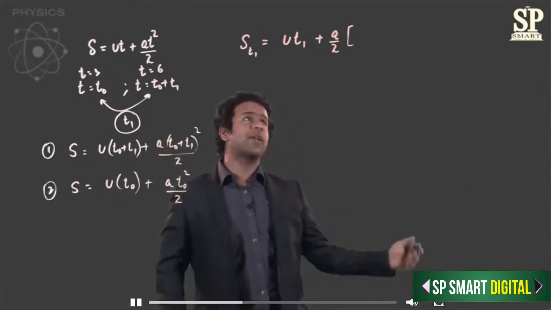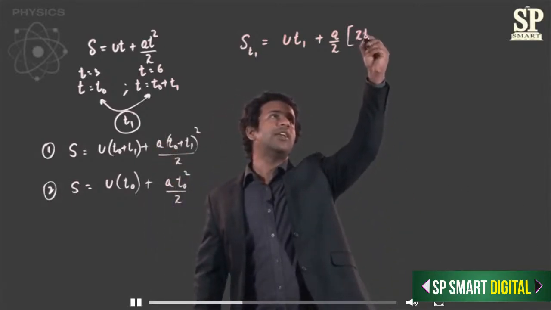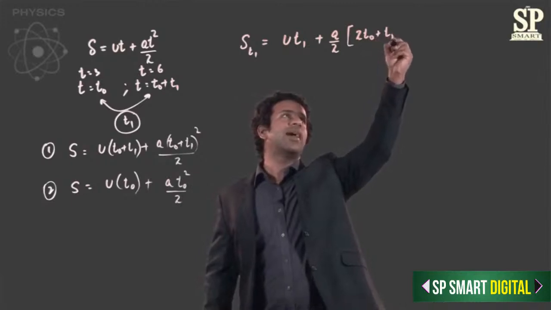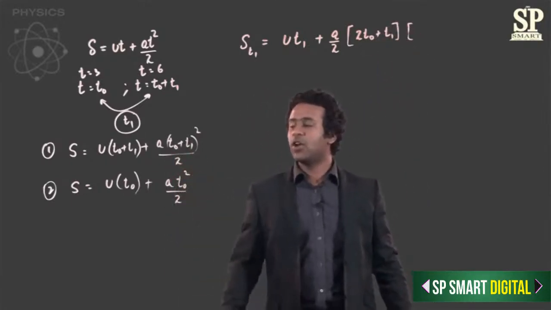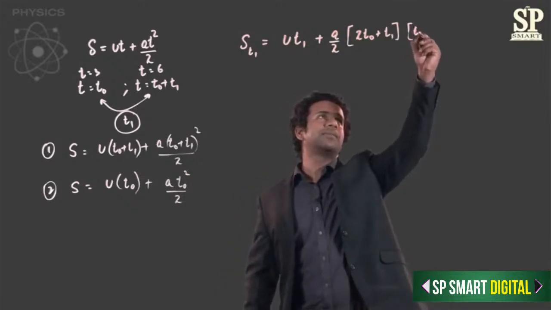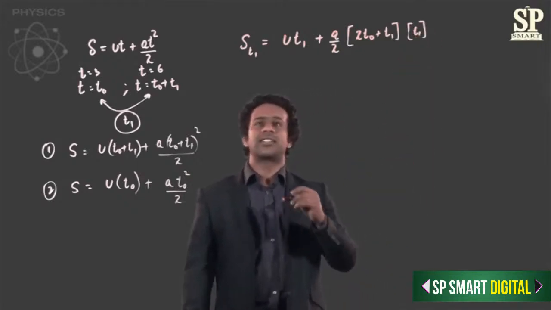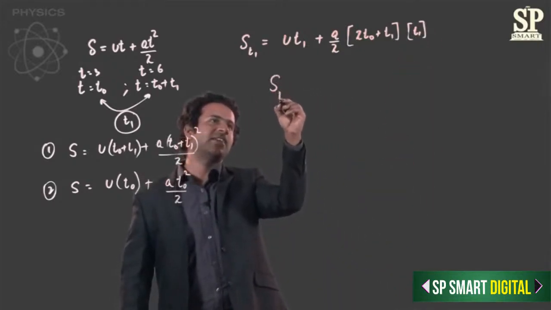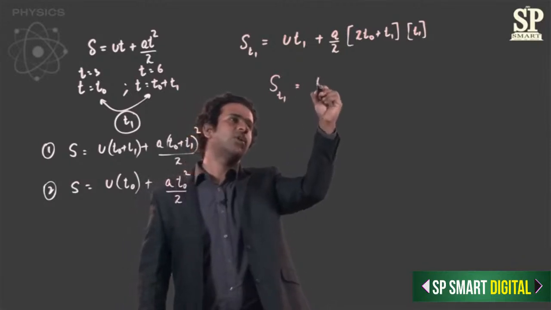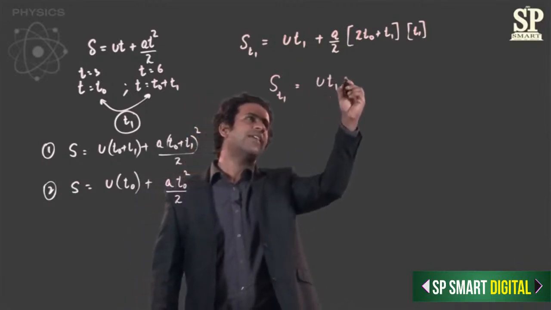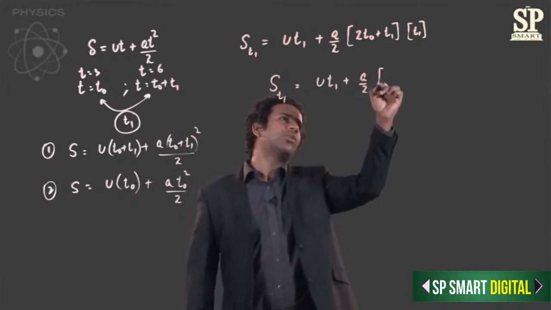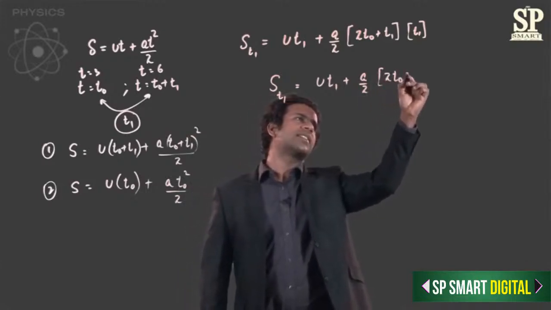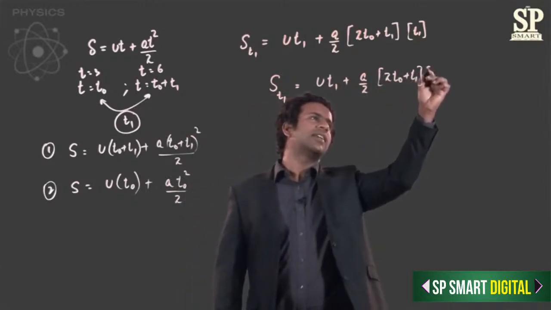So when you do a plus b, you get 2t naught plus t1 into t naught plus t1 minus t naught will leave you with t1. So displacement in the time interval t1 is equal to u into t1 plus a by 2 into 2t naught plus t1 times t1.